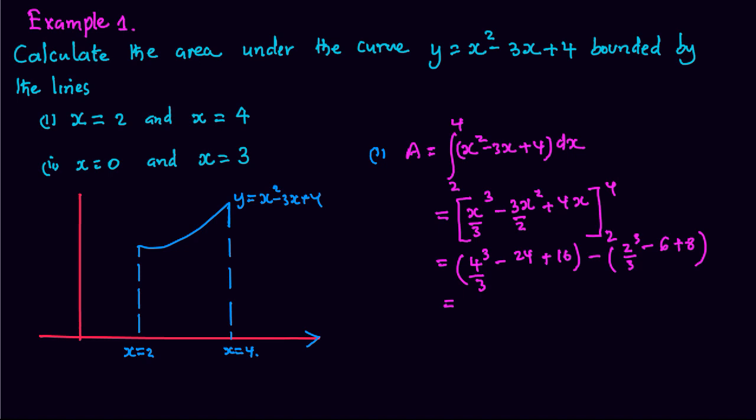So this simplifies to 64 minus 8. So that is 56 over 3 minus 24 plus 16 plus 6 minus 8, which is equal to minus 10.